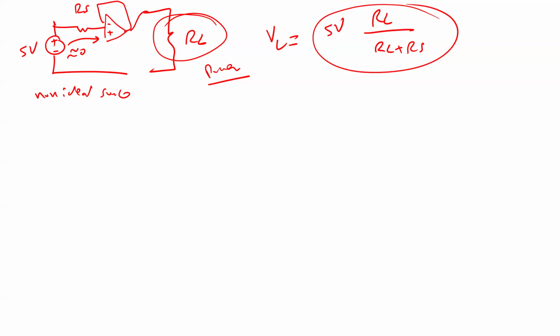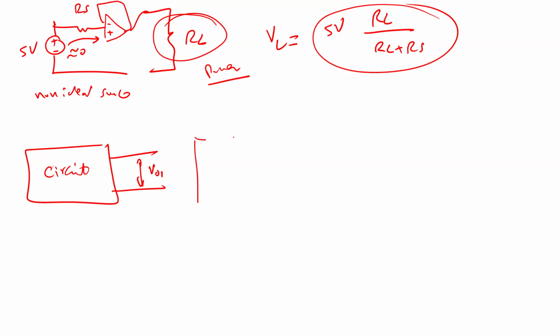The other way, as I told you last time, and this is usually what you need to do in your capstone: if you have a circuit this way, and the output of this circuit I'm going to call, for example, V out 1, and then I want to connect this circuit to another circuit.